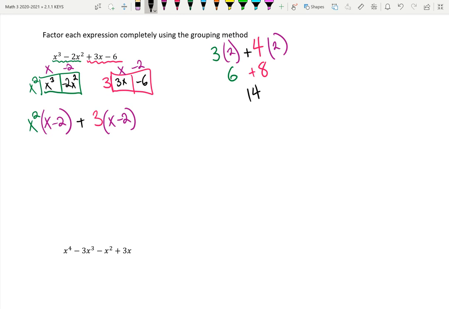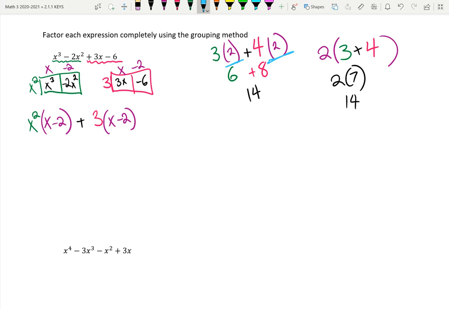Now I'm going to show you an alternative way. Instead, I see that there's a factor of 2, and I'm going to pull it out and leave the inside left over. If I evaluate that, it's still 14. What I essentially did was factor out the common 2, leaving the rest.